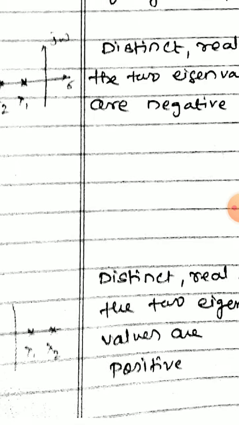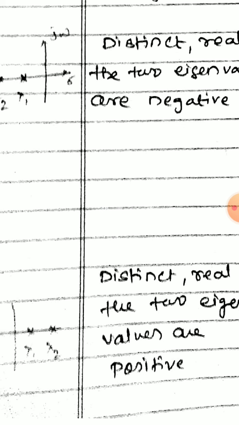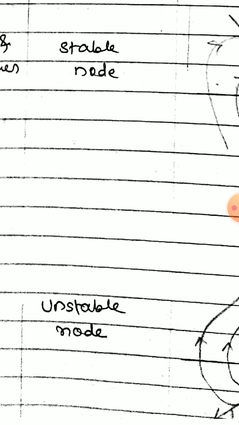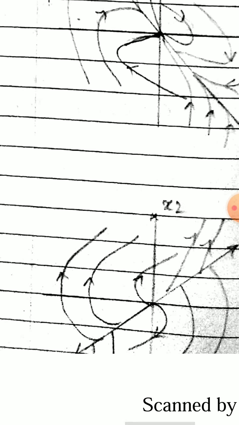That means the S-plane representation of the eigenvalues are as shown in figure, that is they are lying in the RHS of the S-plane. So that singular point is called as unstable node and its portrait is as shown in the figure.